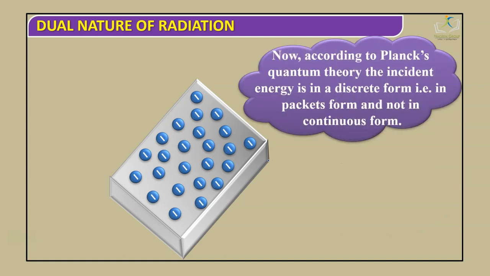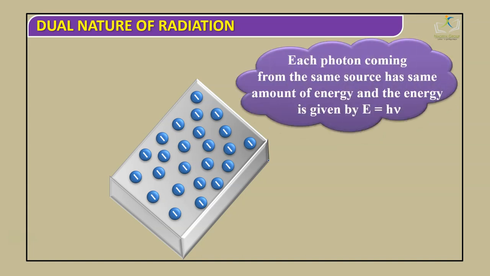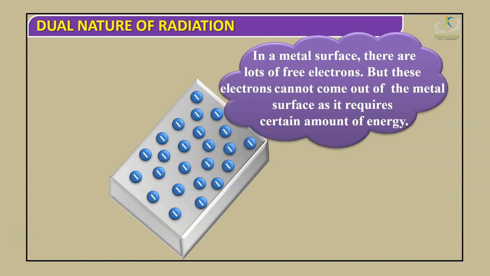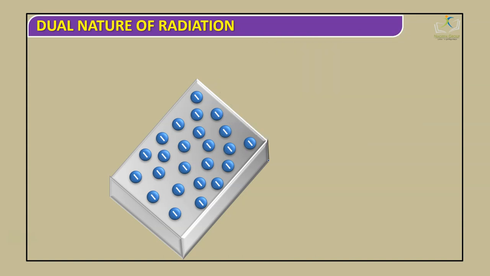Now, according to Planck's quantum theory, the incident energy is in discrete form, that is, in packet form, and not in continuous form. Each photon coming from the same source has the same amount of energy, and the energy is given by E equals h nu. In a metal surface, there are lots of free electrons, but these electrons cannot come out of the metal surface as it requires a certain amount of energy.